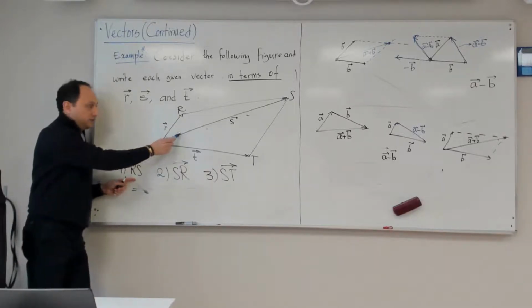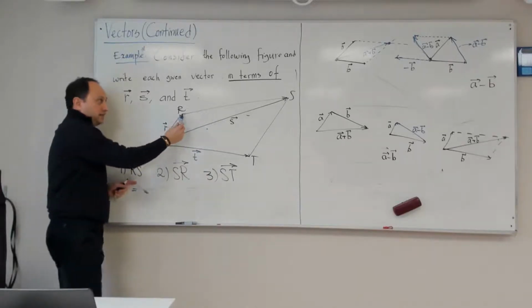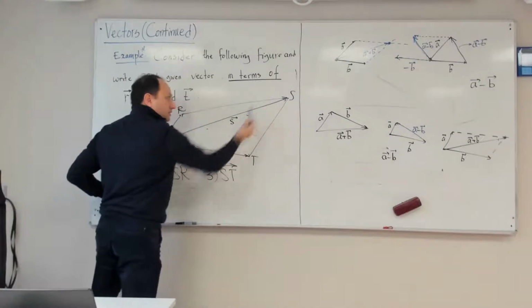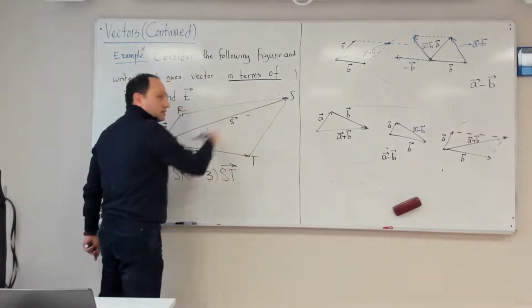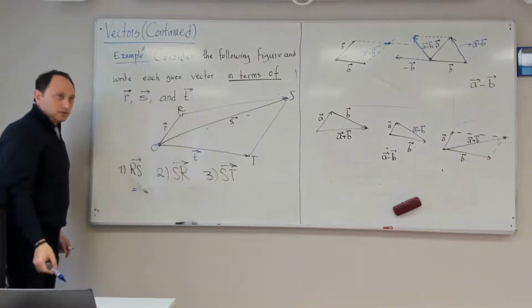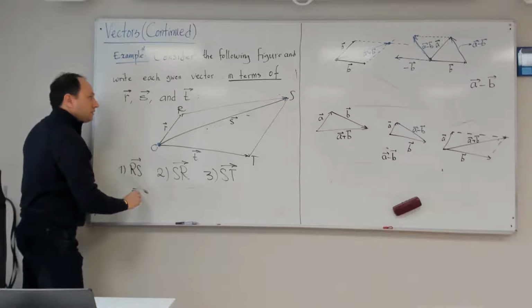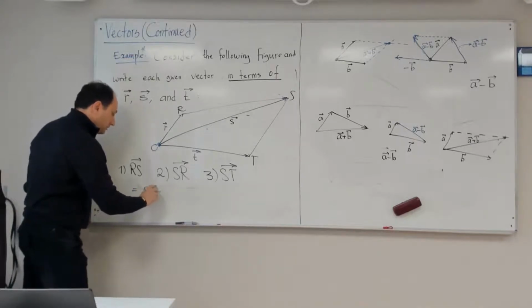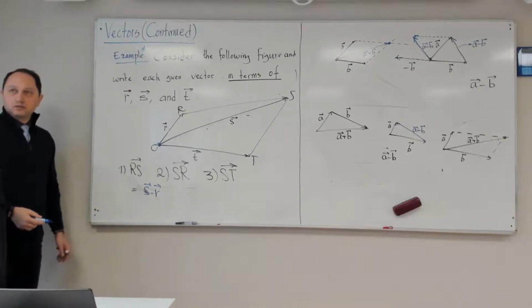Again, I have 2 vectors drawn from the same point, R and S. The tips of the vectors are being connected, and the tip of the arrow is on this S. Yes? Negative R plus S. So I would write S minus R. Yes. This is S minus R. Do you agree?